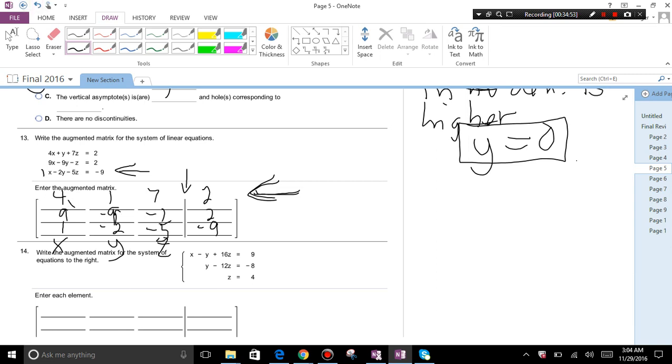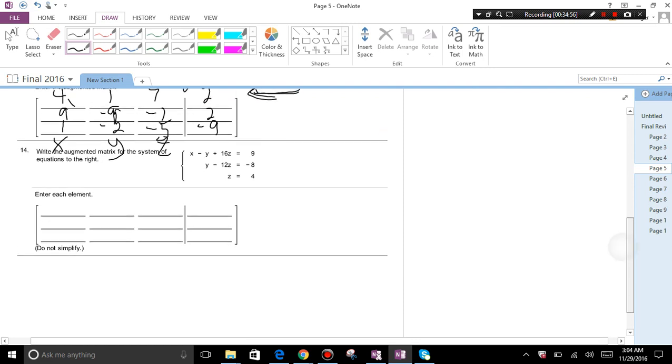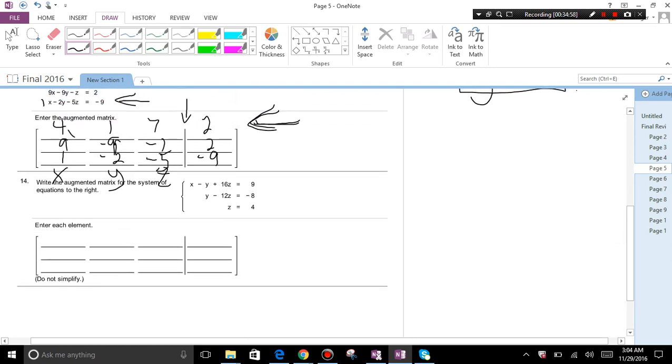Okay. And so you're only going to be asked one of these, but I just want us to practice. This one is 1x minus 1y plus 16z equals 9. There are no x's, 0 x's in the second equation, plus 1y minus 12z equals negative 8.